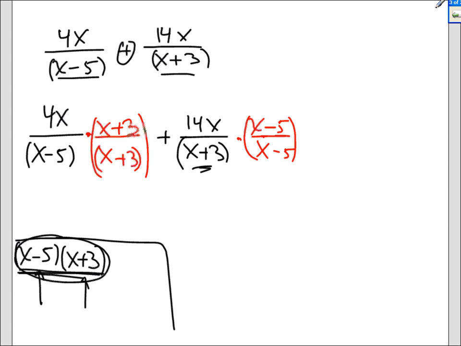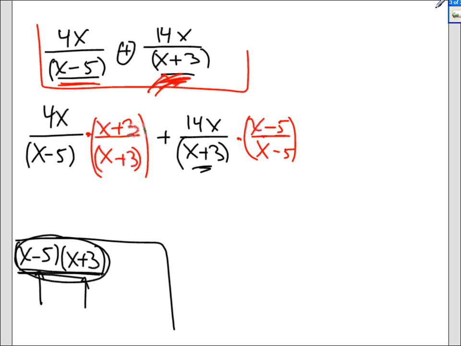X minus 5 over x minus 5 may not be 1, and that will happen when x is 5. But if this initial problem is going to make any sense, then this denominator can't be 0. It's kind of implicit that x plus 3 is not 0. It's understood that x minus 5 is not 0. Otherwise, the problem makes no sense.